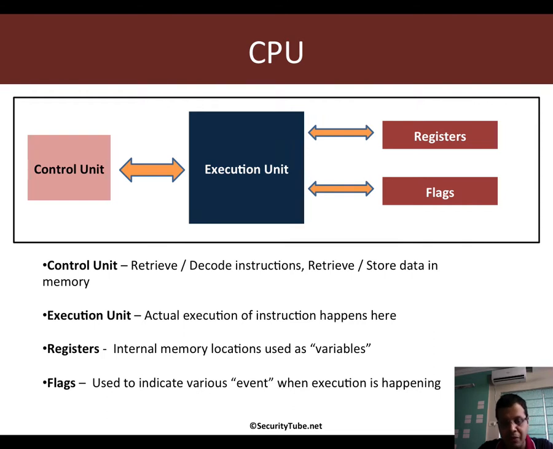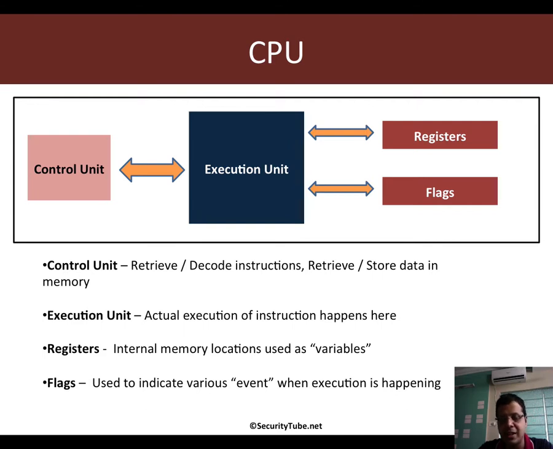After this we have the actual execution unit, which can understand and interpret these instructions and actually execute them. Of course, the execution unit is going to require a temporary workbench where it can store data, remember state and things like that. And this is where registers and flags come in.